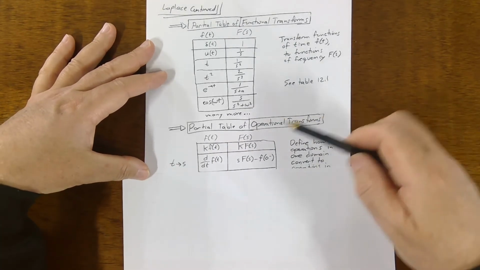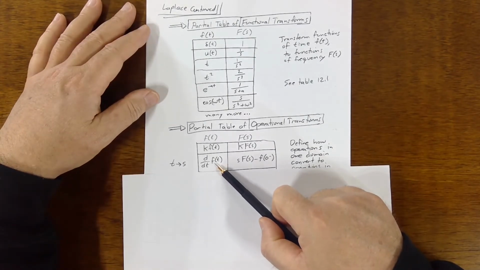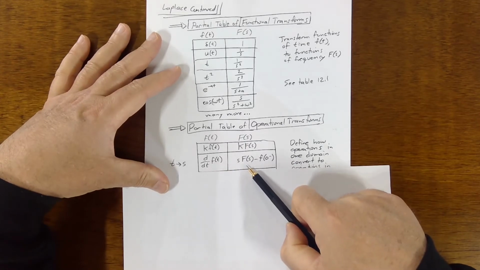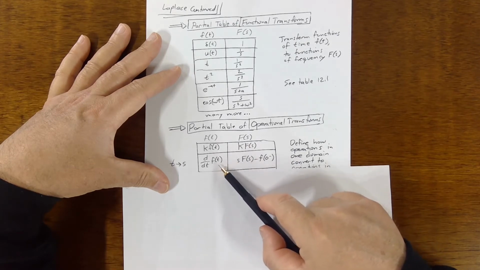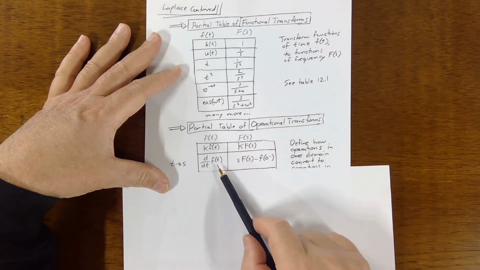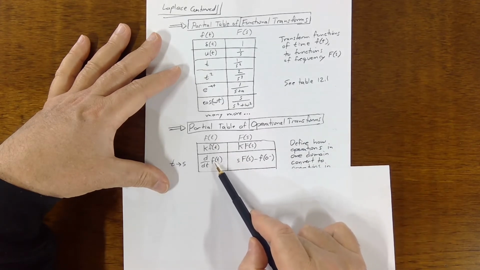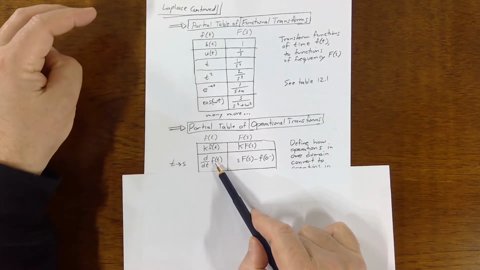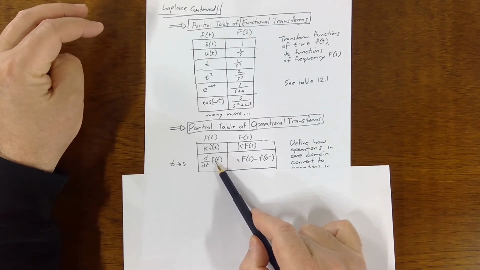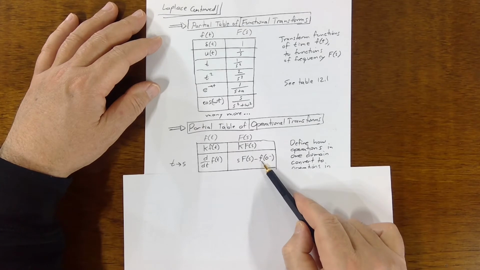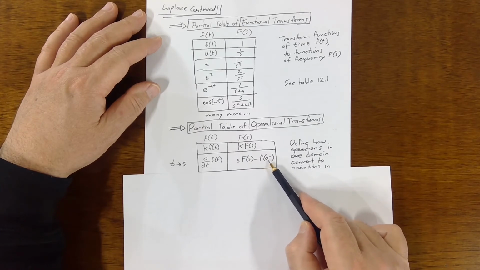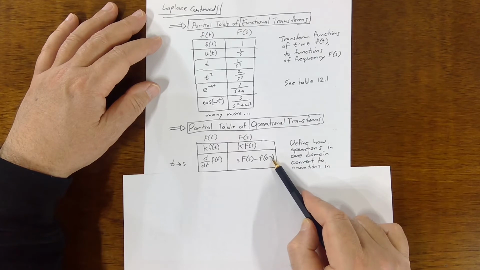And then for another one, what would happen if you took the derivative of little f of t, what would that do to the frequency domain version, big F of s? How would that change? This is derived in the text, but basically they're saying that the derivative of little f of t in the time domain is going to be this thing, s times big F of s minus little f, or the time domain value evaluated at 0 minus.